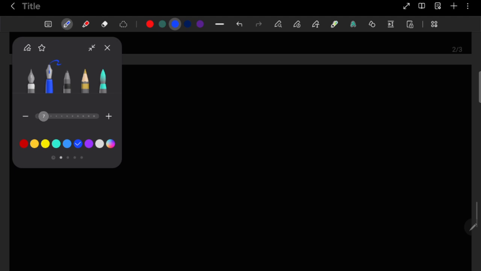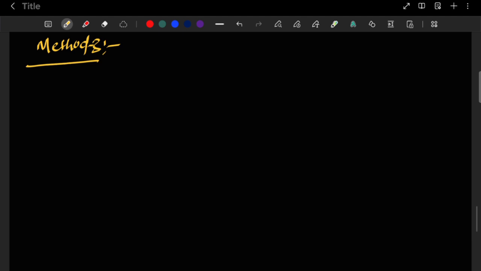Now we will see the third method. It is different from the previous two methods. What is the approach we are following? Instead of using the point charge concept, we will take the line charge concept.